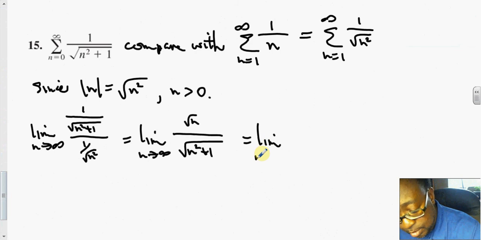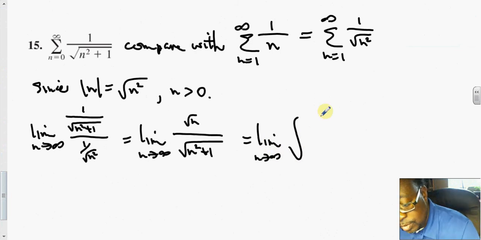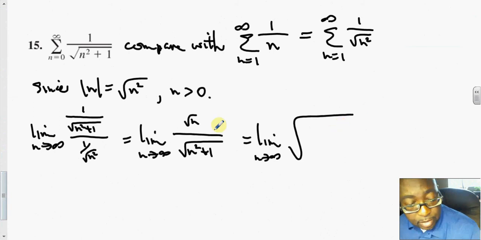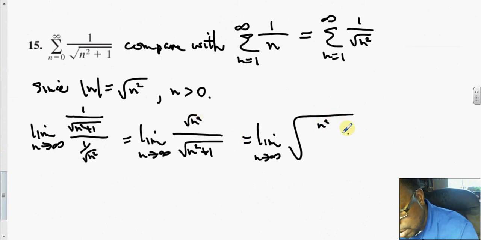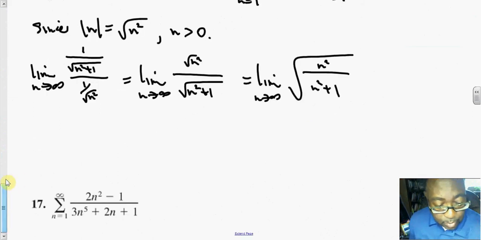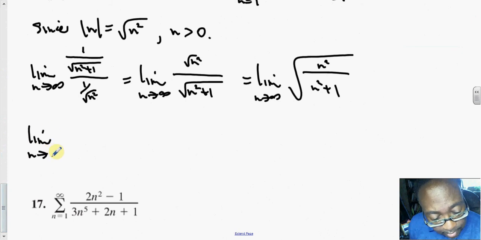This is the limit as n goes to infinity of the square root of n squared all over n squared plus 1.